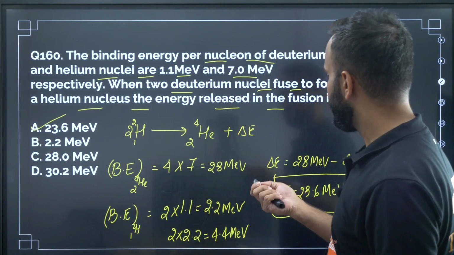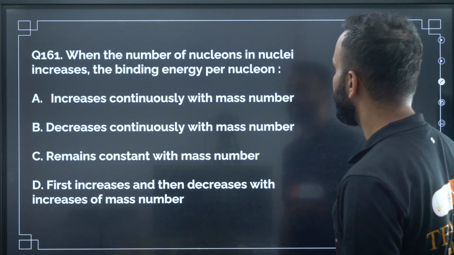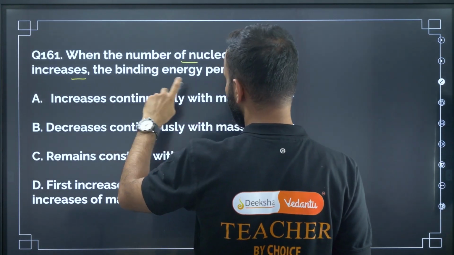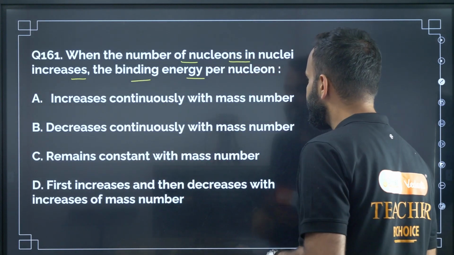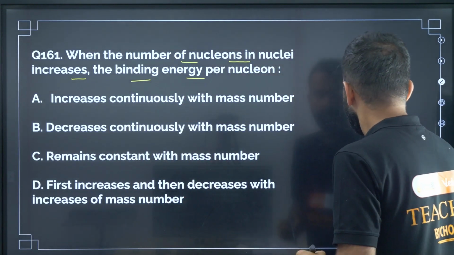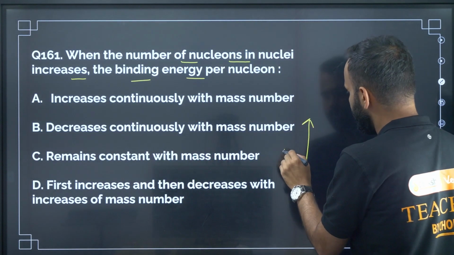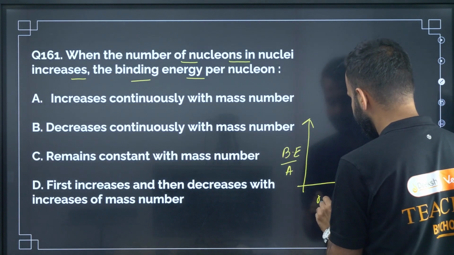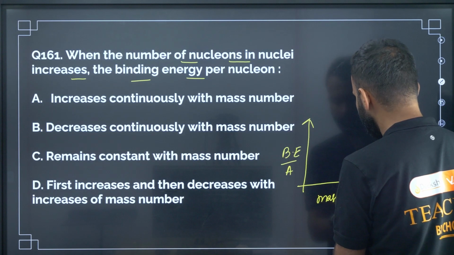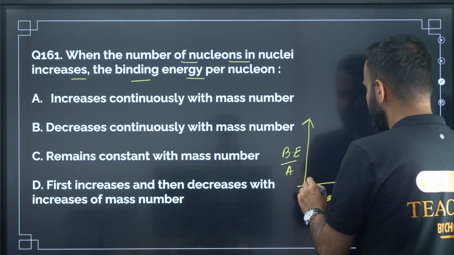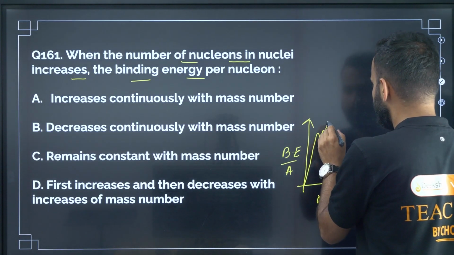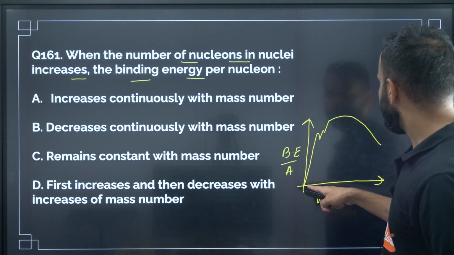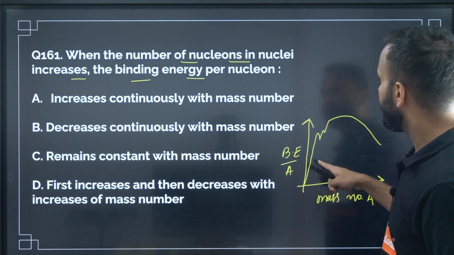Next question. Question number 161. When the number of nucleons in the nuclei increases, the binding energy per nucleon. Okay, we know the graph of average binding energy per nucleon versus mass number. Something like this.